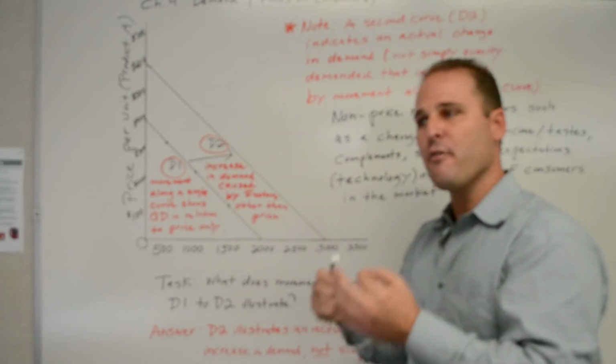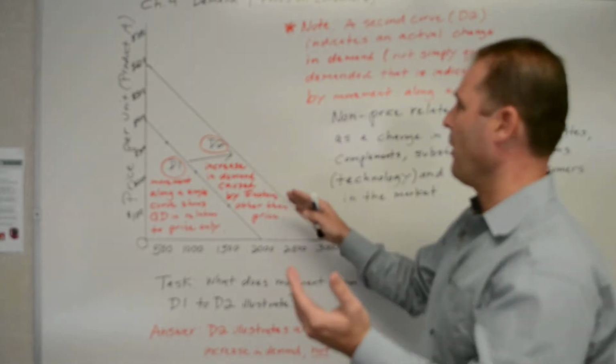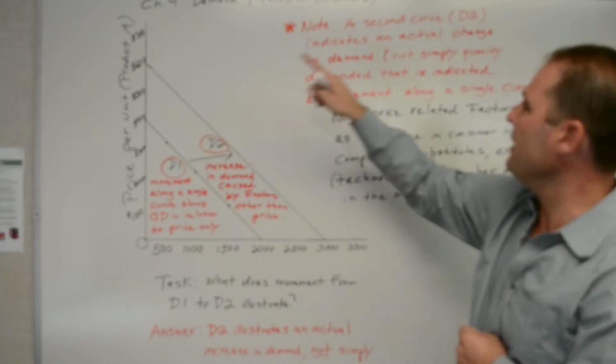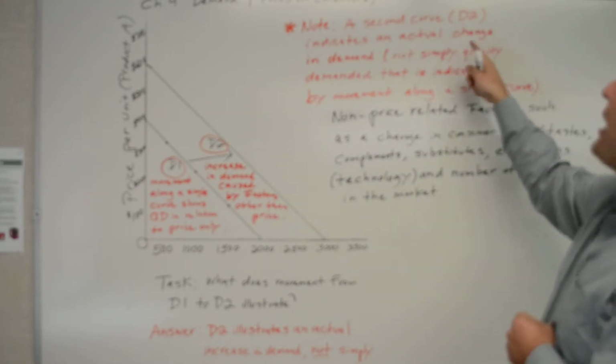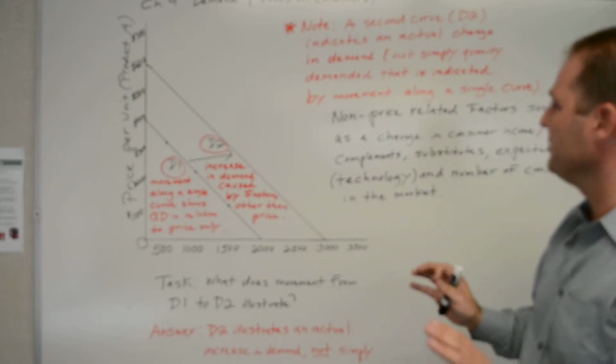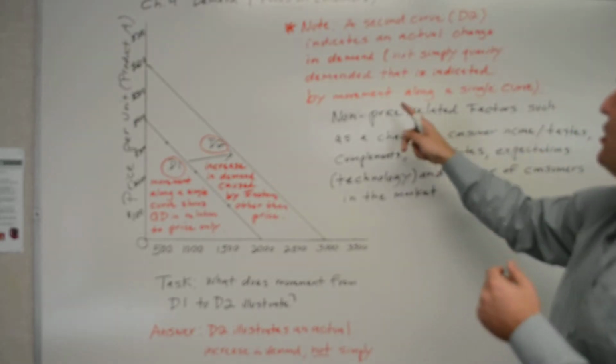Now we have other factors other than price that can also make a difference on our graphs. So a secondary curve, which is called D2 here, indicates an actual change in demand, not simply quantity demanded. That is indicated by movement along a single curve.